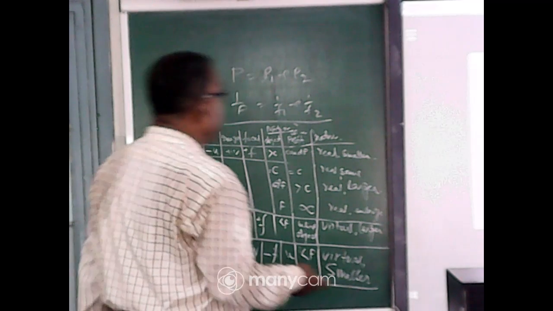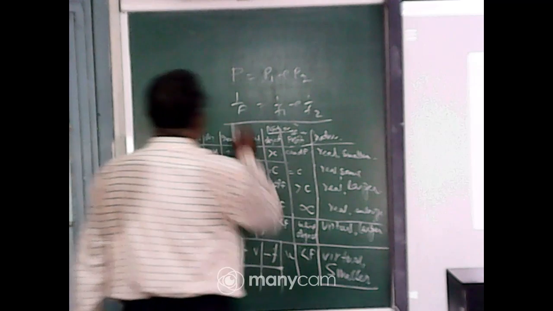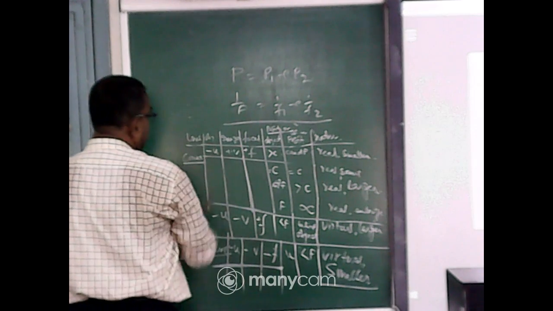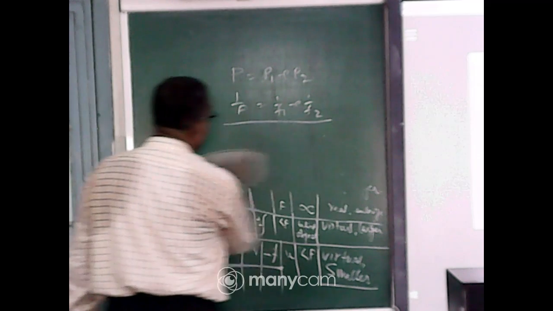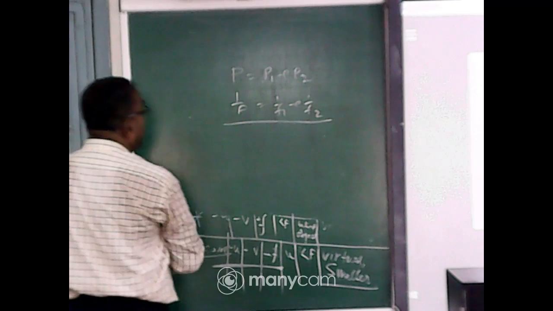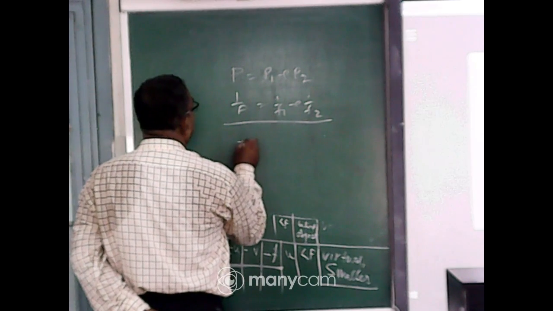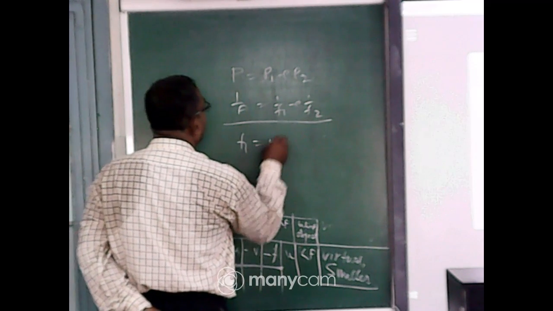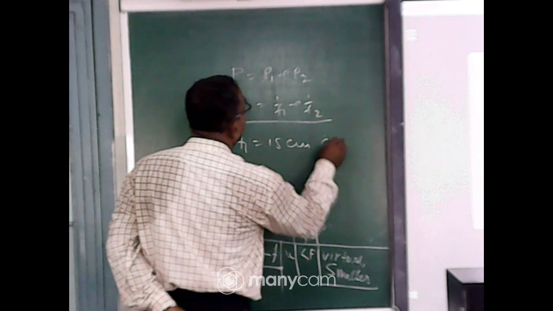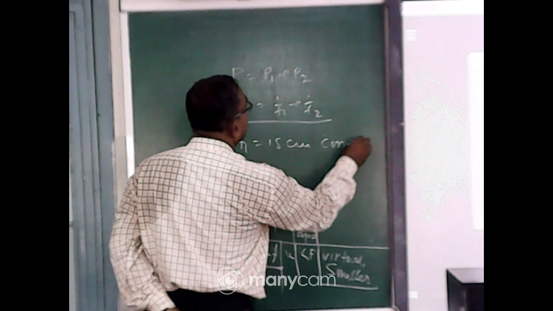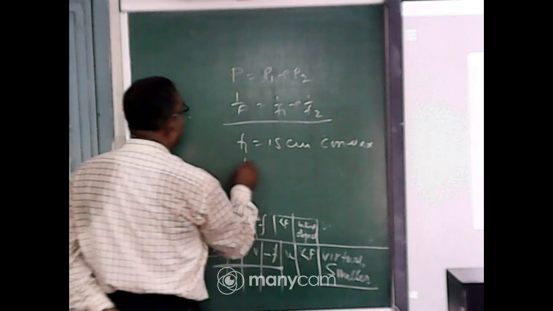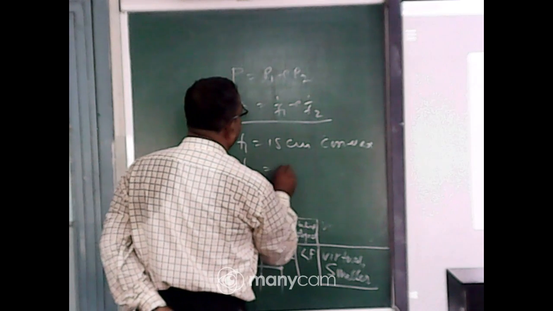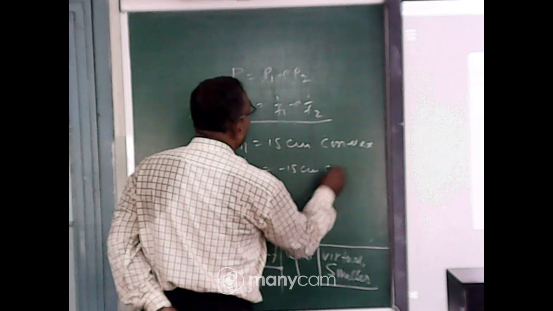So my dear student, you remember it. Suppose f1 equal to 15 centimeter for the convex lens and f2 equal to minus 15 centimeter for the concave lens.